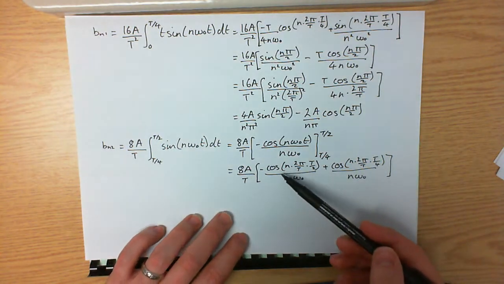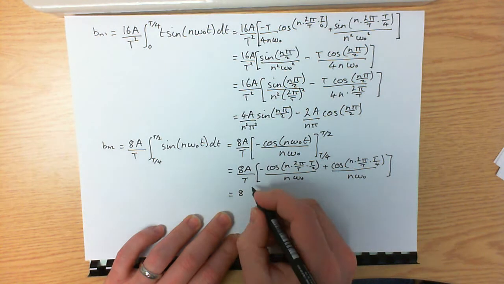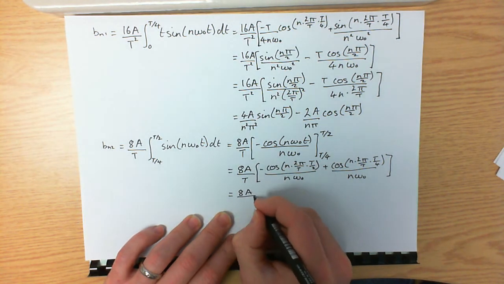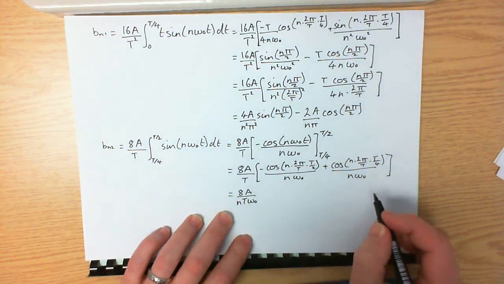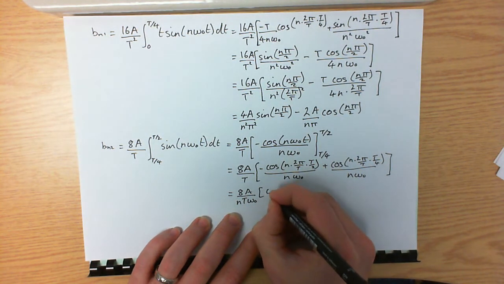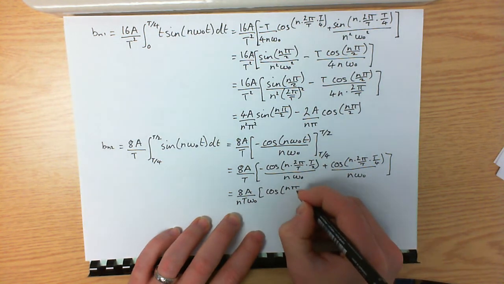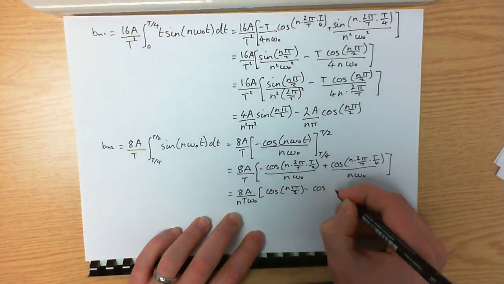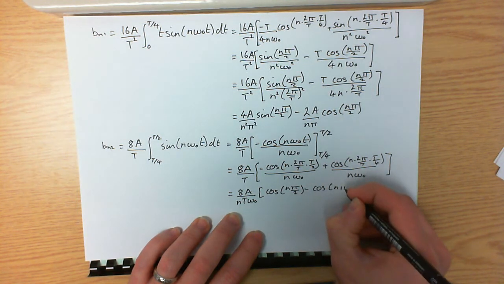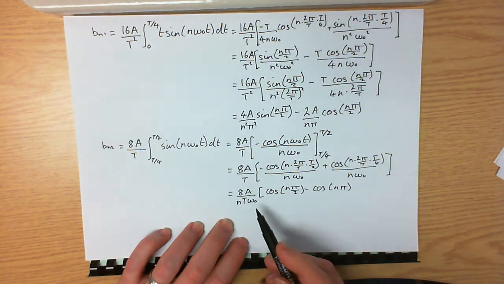Well, if we cancel these out, what do we get? We get 8a over n T omega naught. We can bring omega naught out. We get cos n pi by 2 minus cos of n pi. And again, we can get rid of this omega naught and replace it.